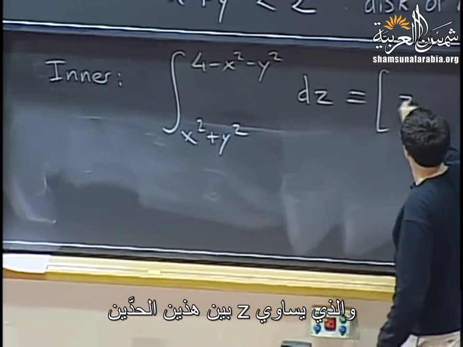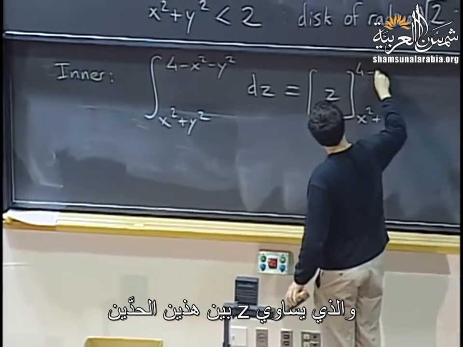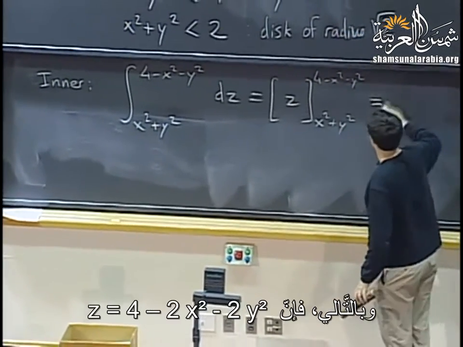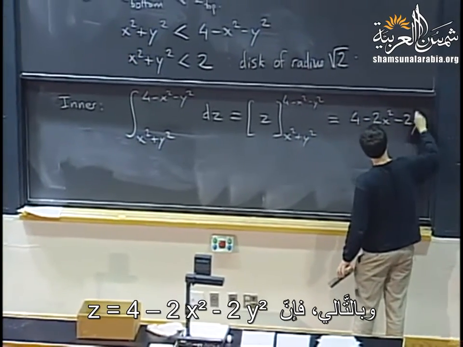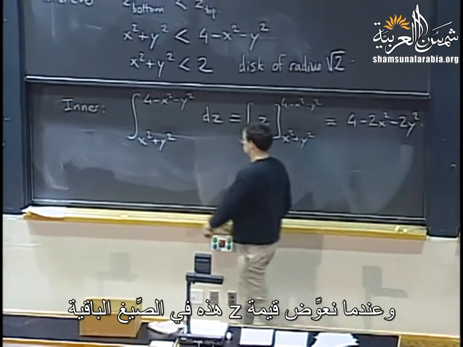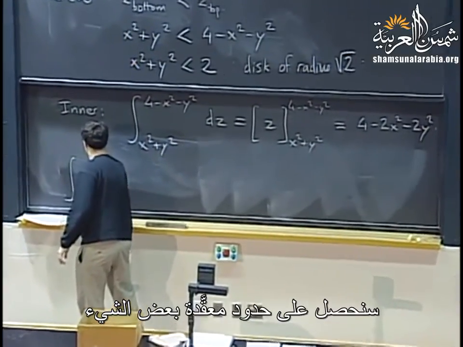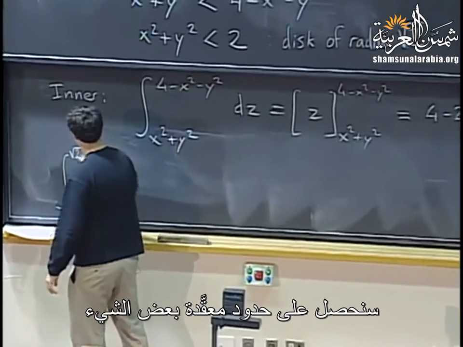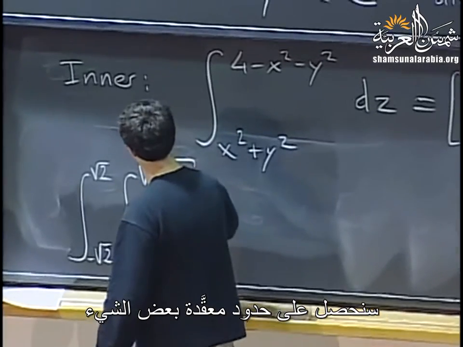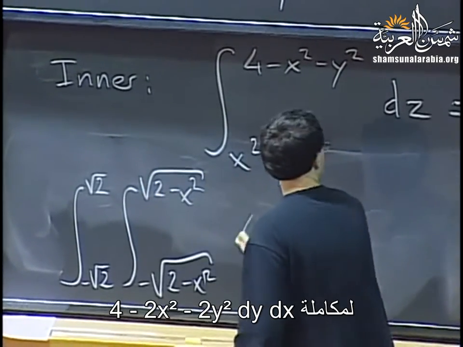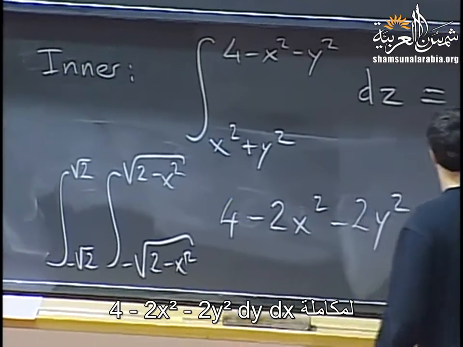Well, that will integrate to z between these two bounds. So you will get 4 minus 2x squared minus 2y squared. Now, when you put that into the remaining ones, you'll get something that's probably not very pleasant, the integral of 4 minus 2x squared minus 2y squared dy dx.